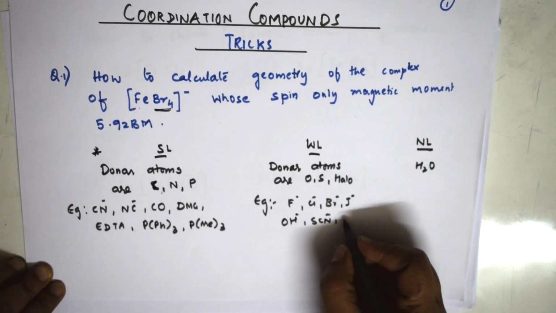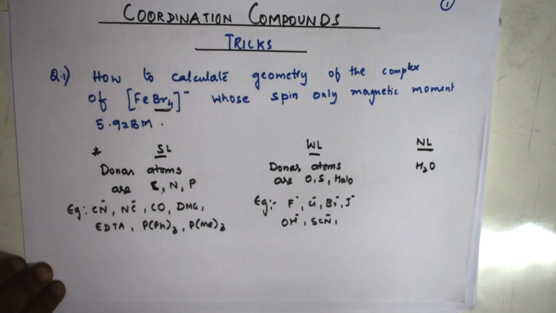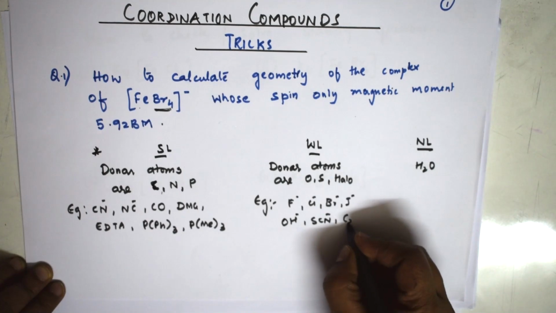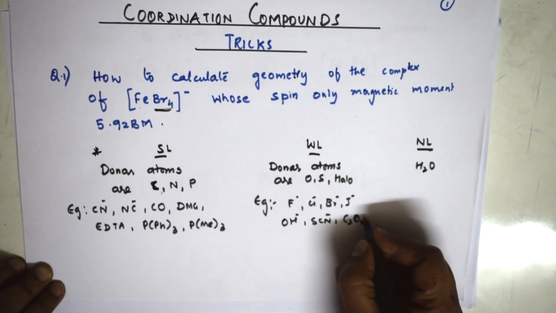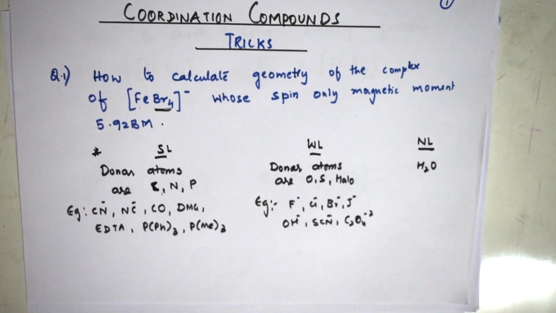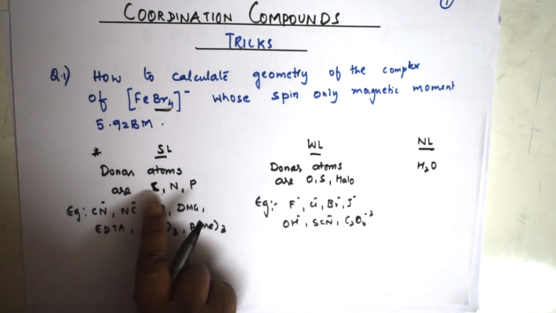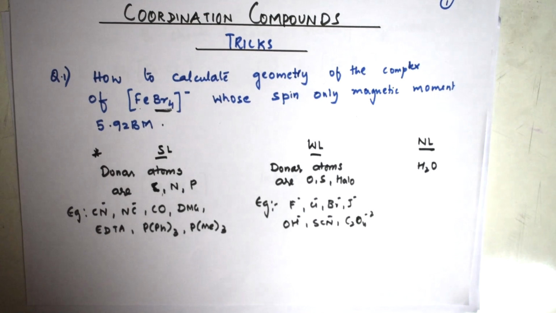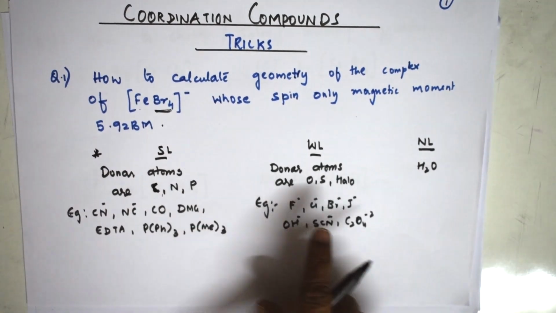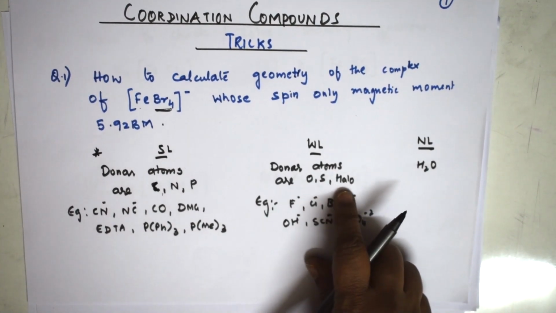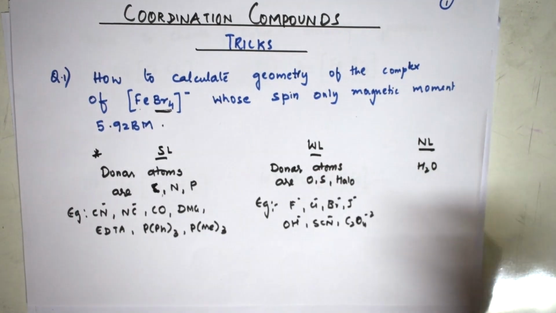If it starts with oxygen, it can also be oxalato, C2O4 2 minus. So remember this: strong ligand means the donor atom is carbon, nitrogen, phosphorus. If the donor atom is oxygen, sulfur, or halogens, it is a weak ligand. The water molecule is this one.